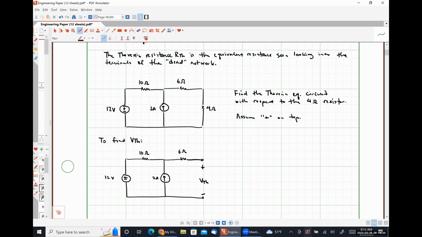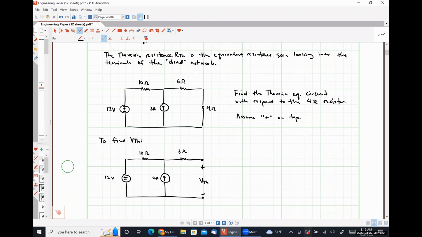How much current is flowing through our 6 ohm resistor? 0. Why? Because it has no way to get back to itself. It's not part of a closed current carrying path, absolutely.